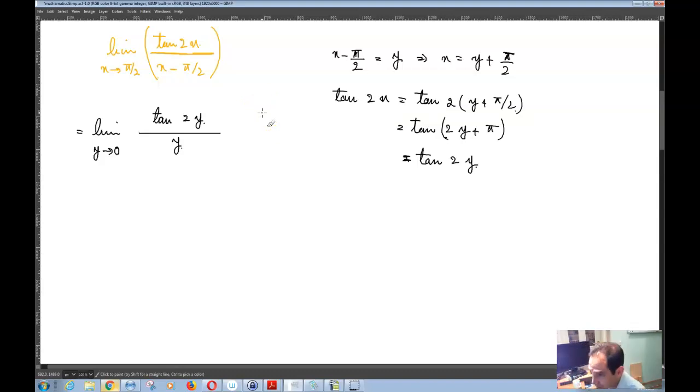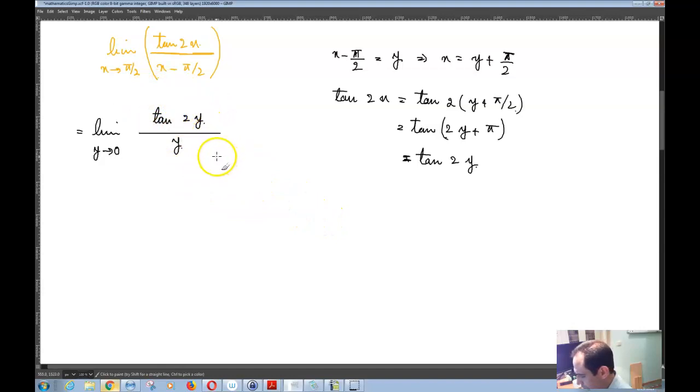Now as you can see, if I evaluate this function as y tends to 0, then tan of 2y, which is tan of 0, is equal to sine 0 by cos 0.